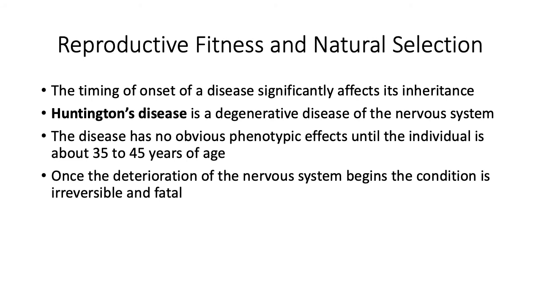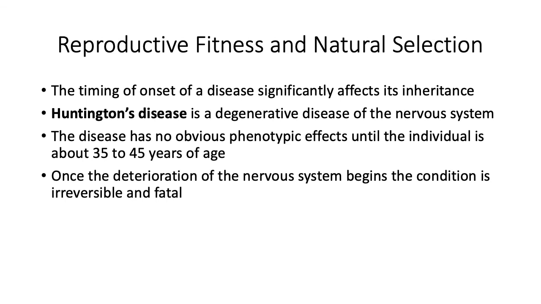Huntington's disease, for example, is a dominant deadly condition that causes degeneration of the nervous system. The disease doesn't have its onset until an individual is about 35 to 45 years old.